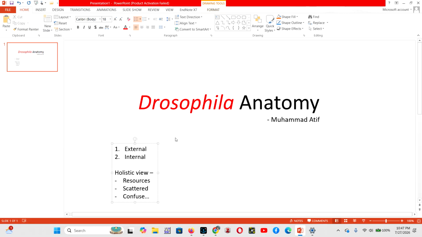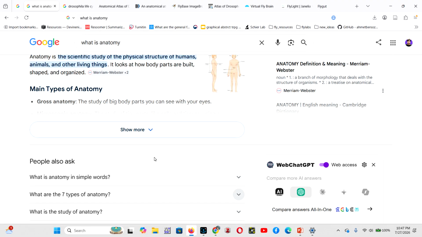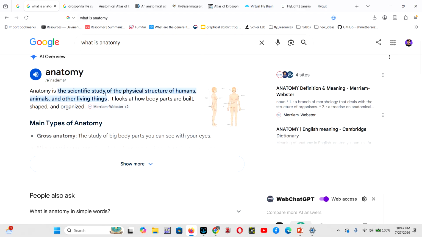Anyway, so first of all, I've already opened some of the things. The first thing in every kind of study is that we need to understand the terminologies. This is very important, and I just write this word anatomy in Google.